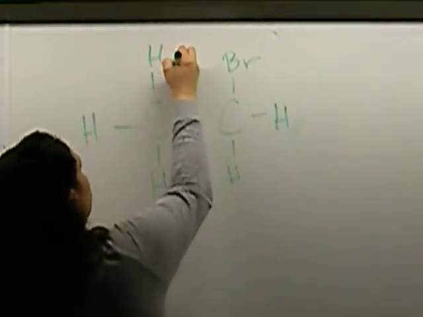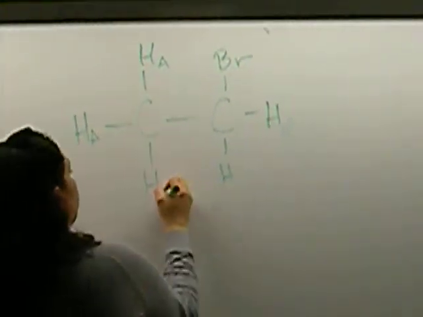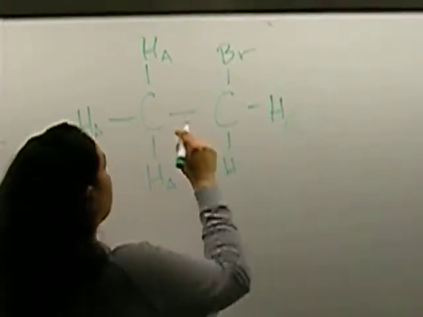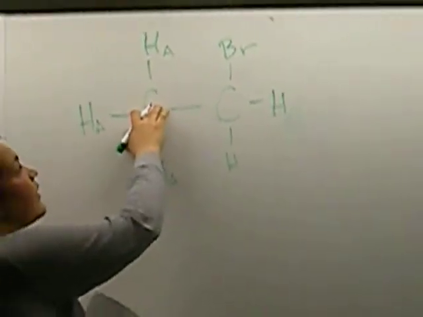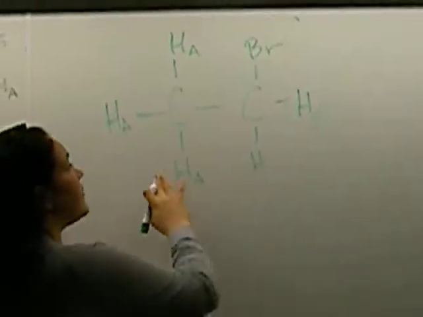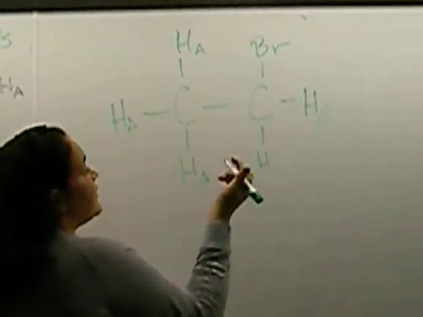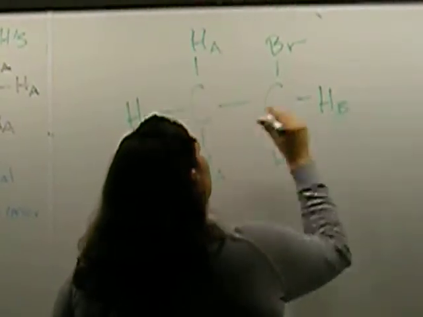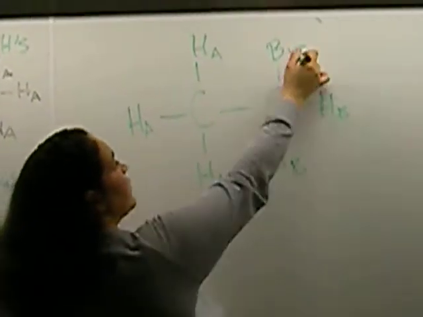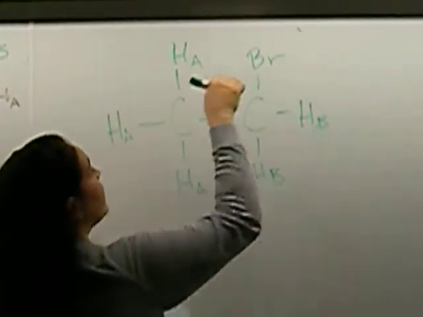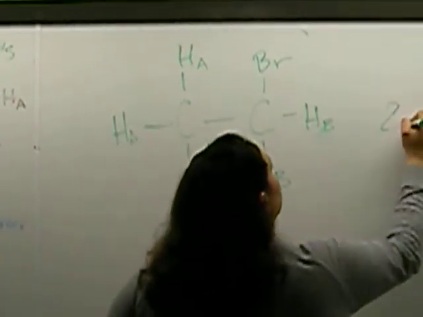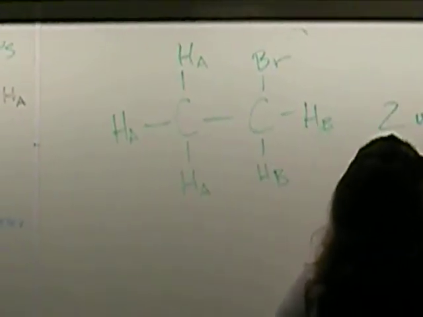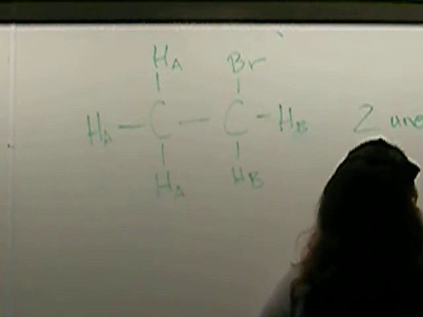In this molecule, these will all be the same because they're all bonded to the same thing, and they couldn't create a chiral center because they're all the same. It's a CH3. Now this is not the same as this one because there's a bromine on it. Therefore, there are two nonequivalent hydrogens.